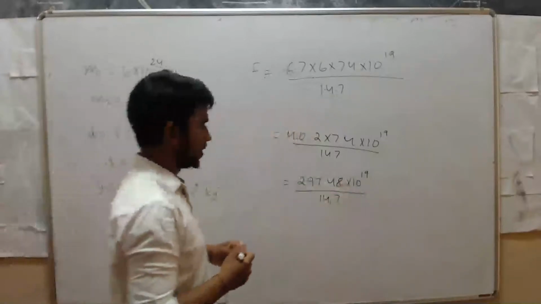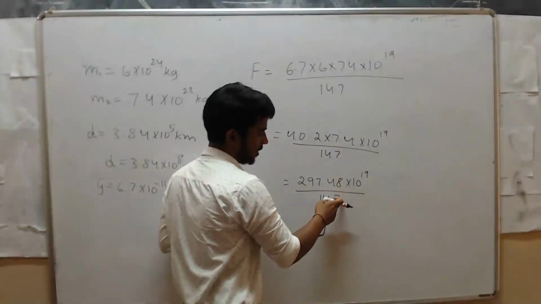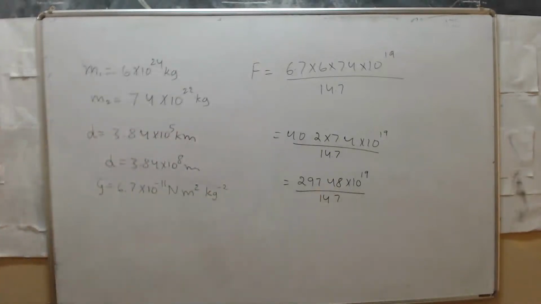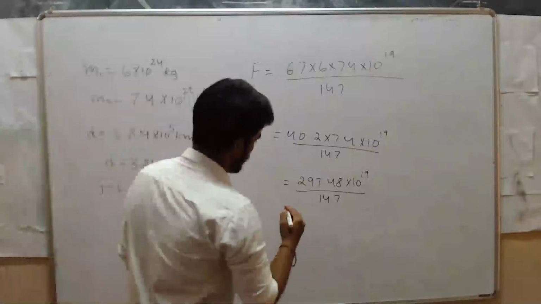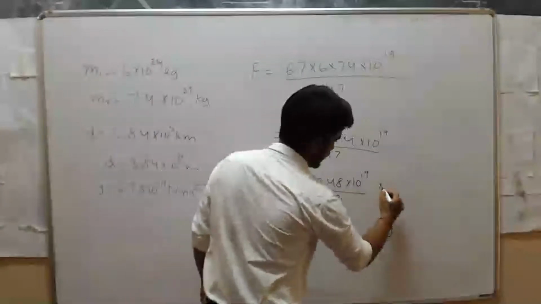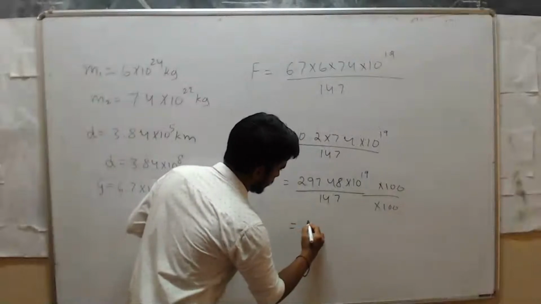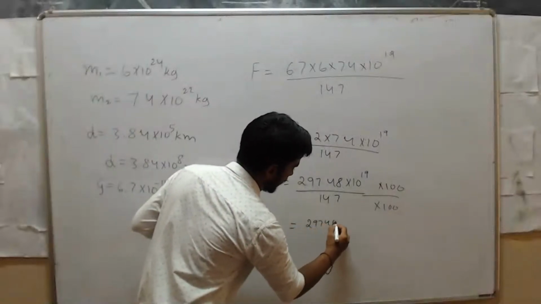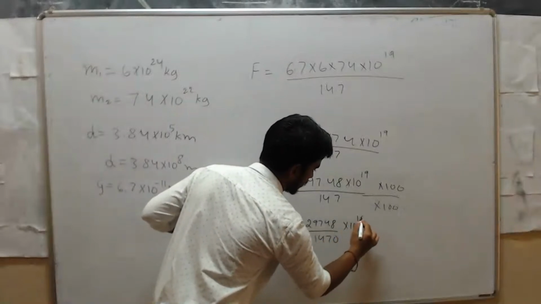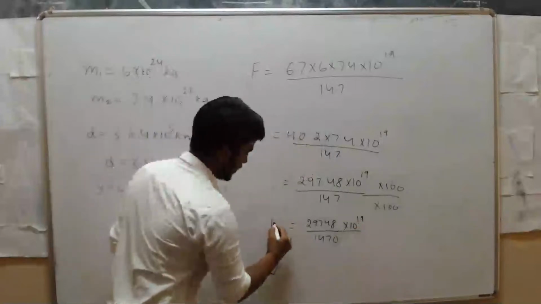Okay, so now better to multiply here by 100 and divide by 100. So you will get 29748 divided by 1470 into 10 raised to the power 19.